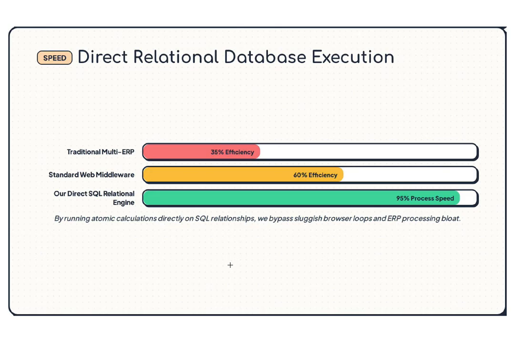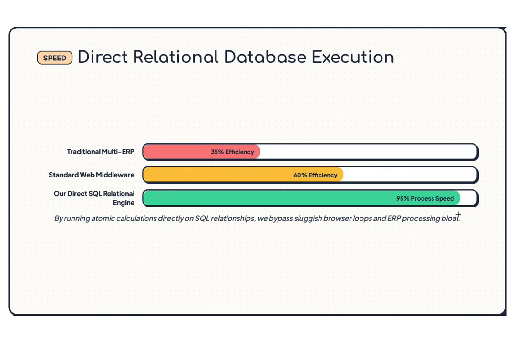The reason why I came here is because I'm going to be talking about this. See, for relational database execution, you got your traditional multi-ERP. That's like 33% efficiency. Then you got your standard web middleware. That's like 60%. Then of course you got our direct SQL relational engine. That's always about 95.